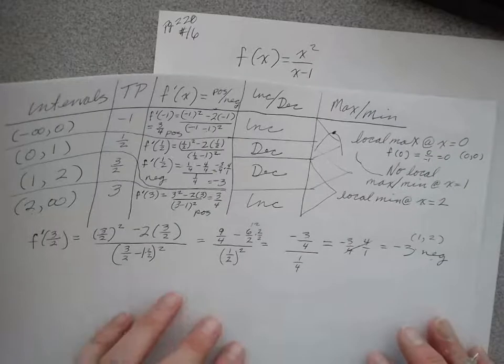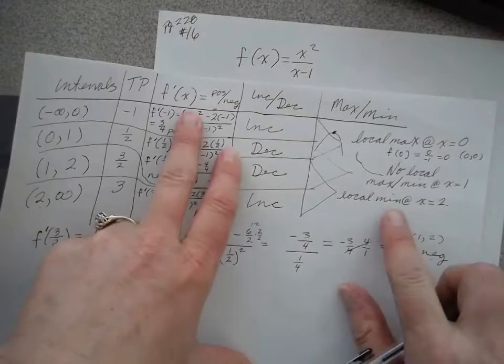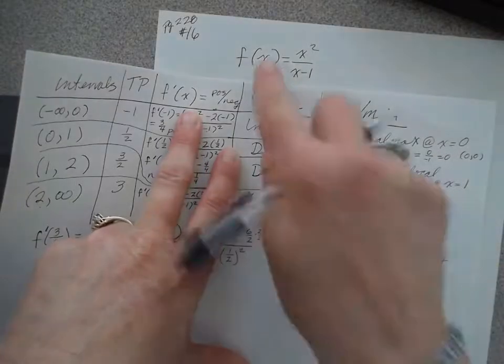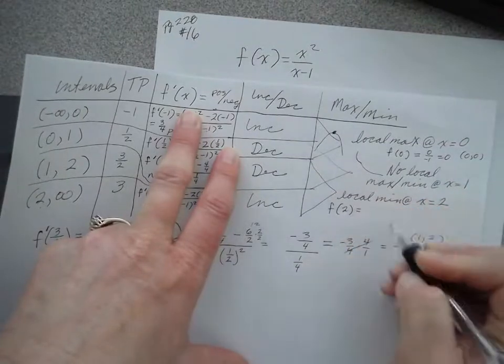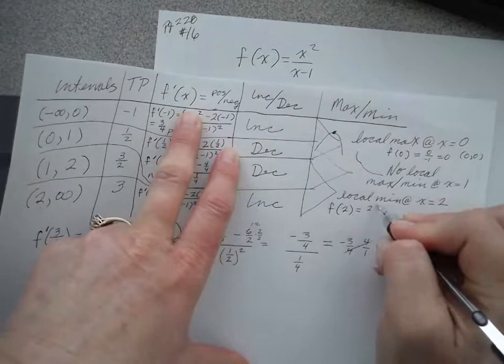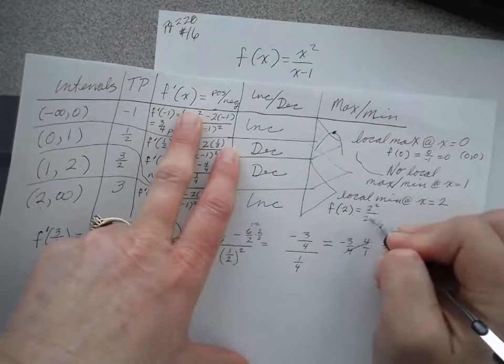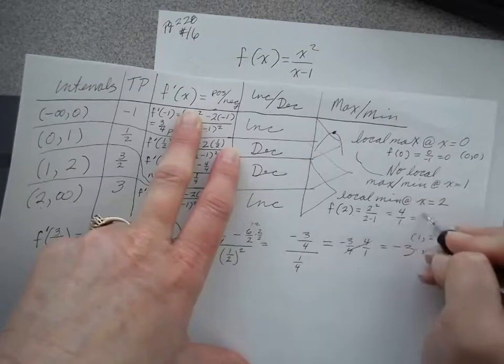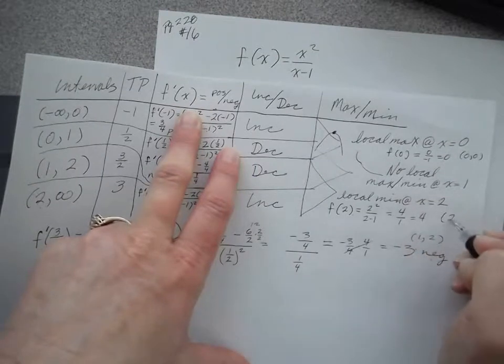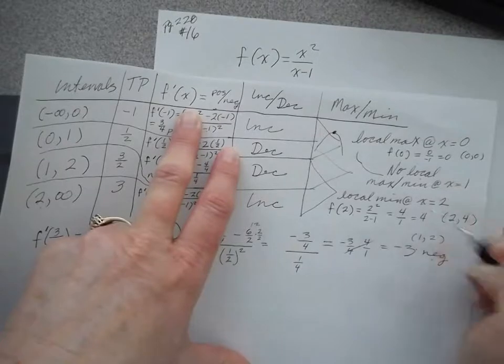Okay, and then same thing, the local min is at x equals 2, so plug that back into your original function to find the corresponding y value. So 2 squared over 2 minus 1, 4 over 1 is 4. So the point (2, 4) is your local min.